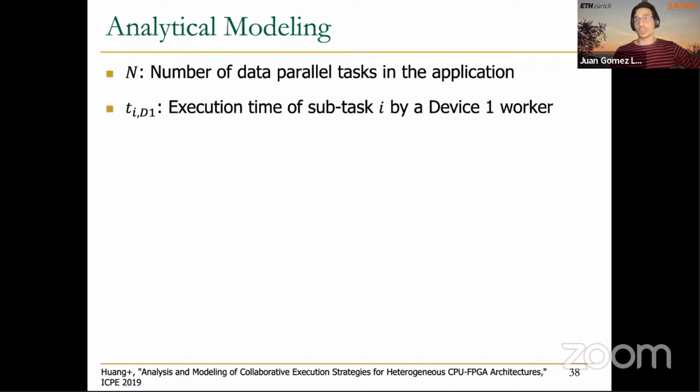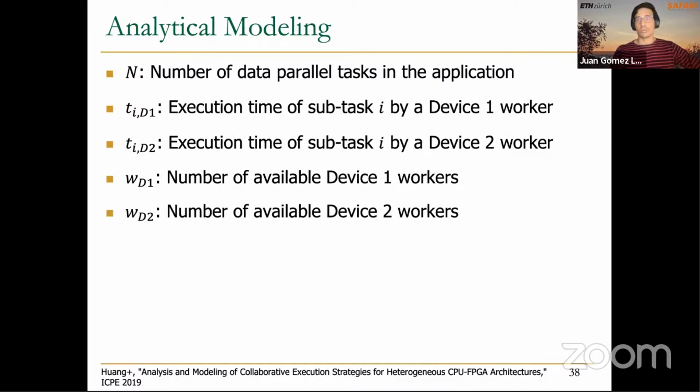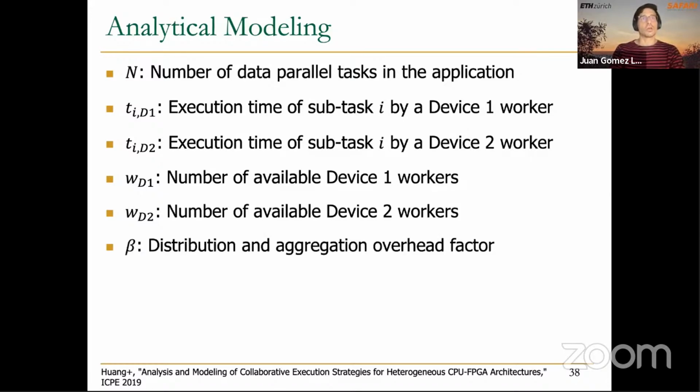We consider the execution time of each individual subtask on each individual device, device 1 or device 2, and the number of workers that we have in each device. When I talk about workers here, I mean threads, CPU threads or GPU threads, or more specifically, the cores themselves.